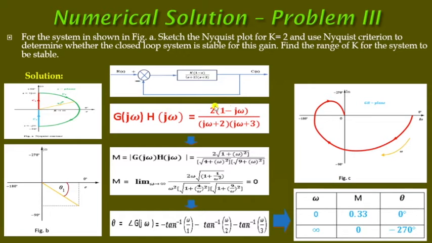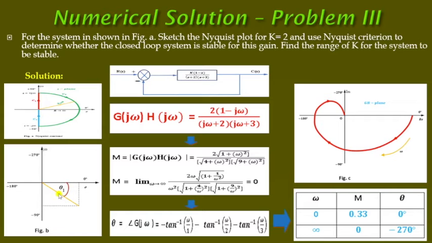For this part, tan inverse of minus omega by 1, minus omega means the negative side of the imaginary axis, and the 1 is the positive real part.